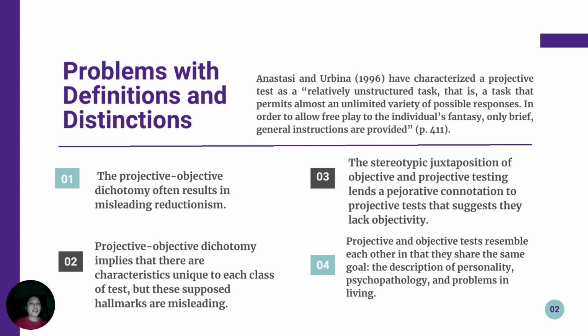And the third one, the stereotypic juxtaposition of objective and projective testing lends a pejorative connotation to projective tests that suggests they lack objectivity. Many projective tests are quantified and standardized in terms of administration. If we take the example of cognitive tests, the style or process of the response can be systematically observed, quantified, and standardized.